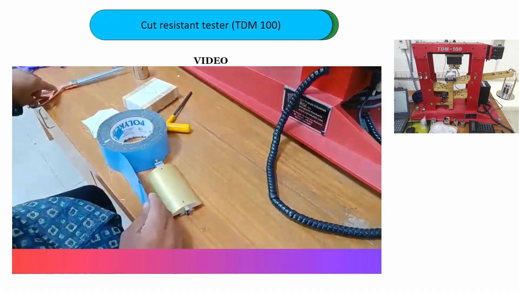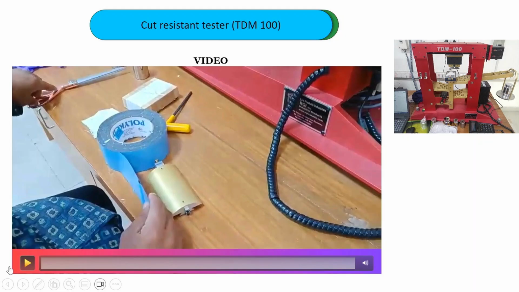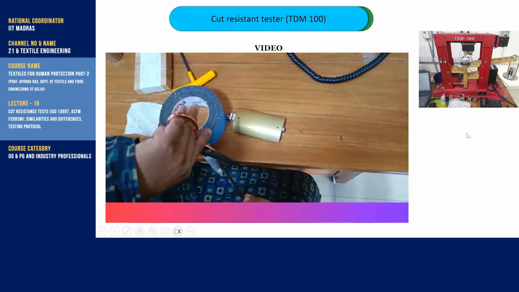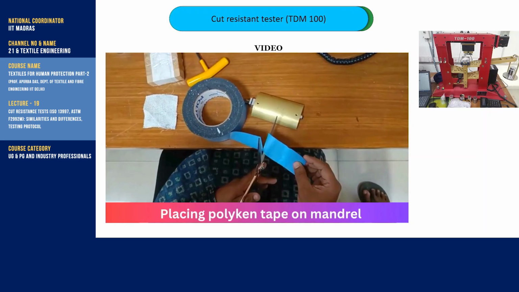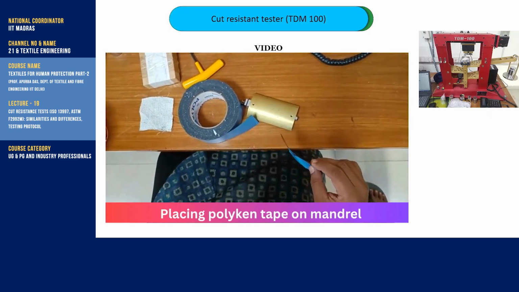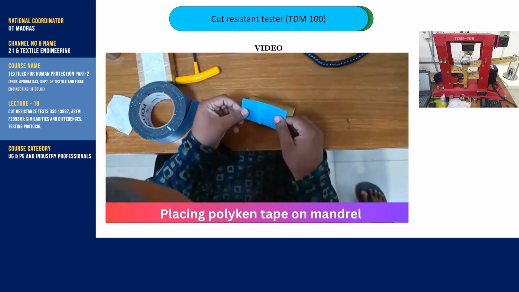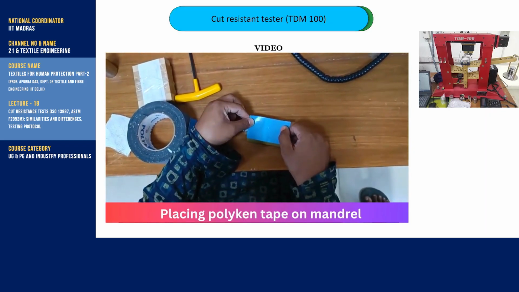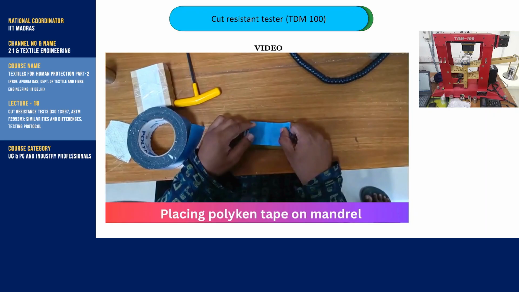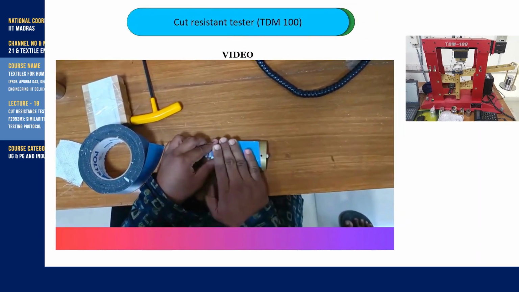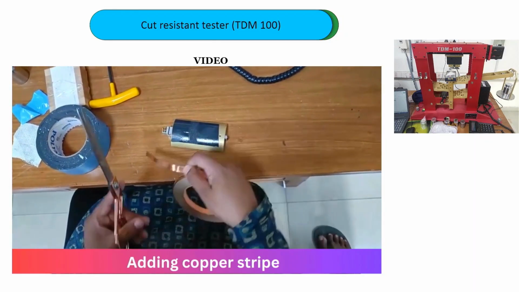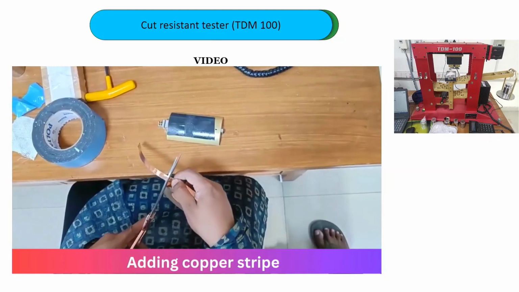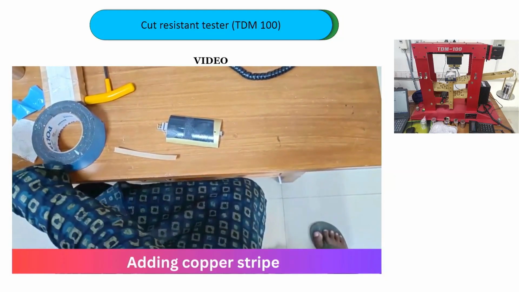Now, if we see the actual video of running this instrument, in our lab we are doing this experiment. The double sided tape is being placed. And now the conductive copper strip we are placing.